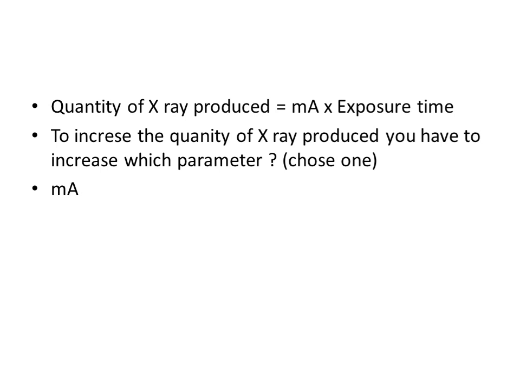But if we have to choose one parameter, then we choose mA, as mA causes increased heating of the filament and hence increased thermionic emission. Also note that 99% of the electrical energy is actually converted to heat energy, and only 1% of it is actually used to make the X-rays.